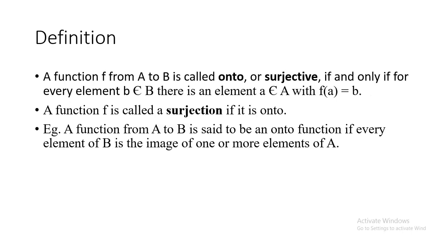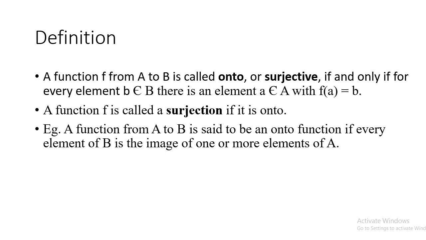So what is the definition of an onto function? A function f from A to B is called onto or surjective if and only if for every element b which belongs to B there is an element a which belongs to A with f(a) = b. This function f is called a surjection if it is onto.